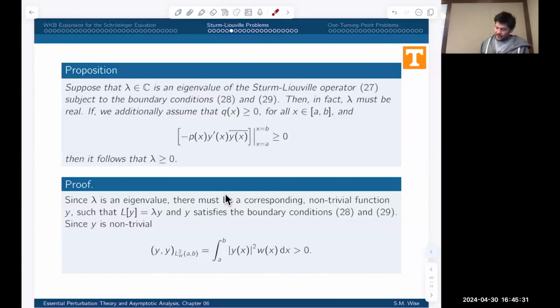Suppose that lambda is an eigenvalue of the Sturm-Liouville operator subject to the homogeneous Robin boundary conditions. Then lambda actually is real. Lambda has to be a real number.